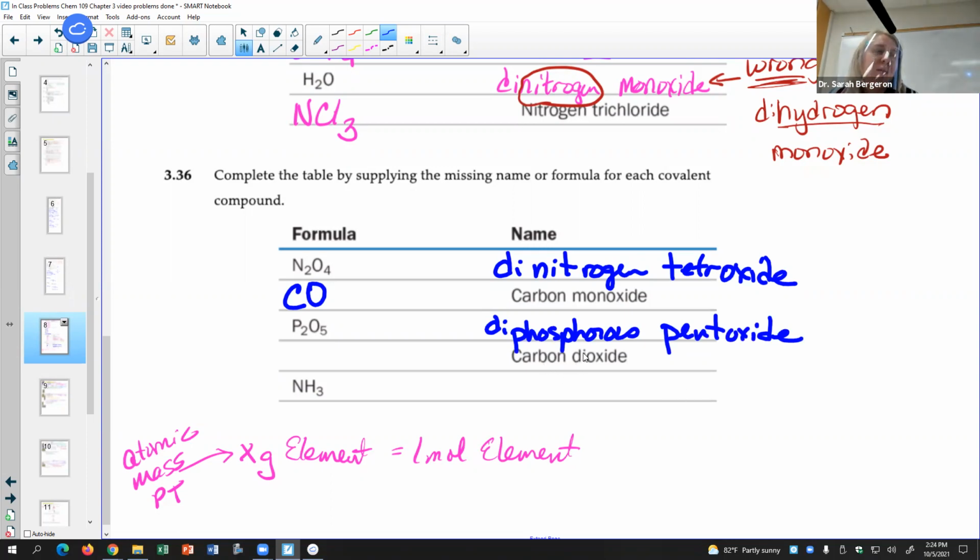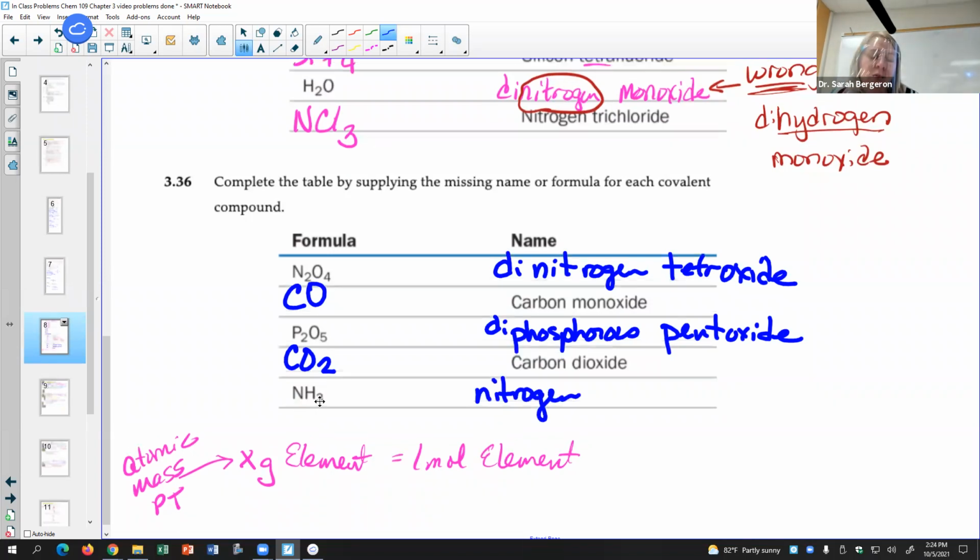Carbon dioxide, what's my formula? CO2. Okay, NH3, how do I name the nitrogen? Just nitrogen. And then I want to do my hydrogen. So 3 is tri-hydr, and I'm going to end it in IDE.